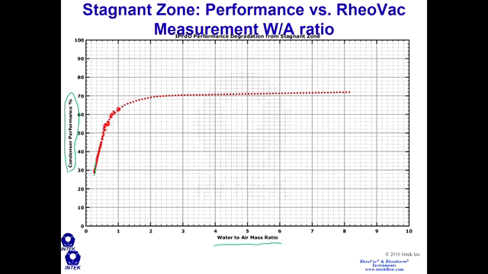This relationship exists for every condenser out there, and sometimes the knee occurs right here at a value of 2. Sometimes it's out at 3. Sometimes it's back here at 1. But this relationship exists for all condensers. And so our rule of thumb for all users of this equipment is that if you have a water-to-air mass ratio above 3, then you have no excess back pressure due to air and leakage.